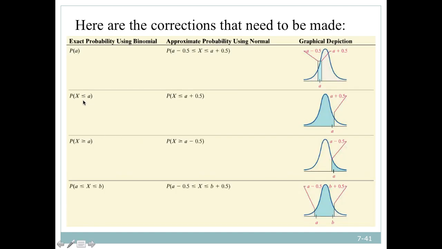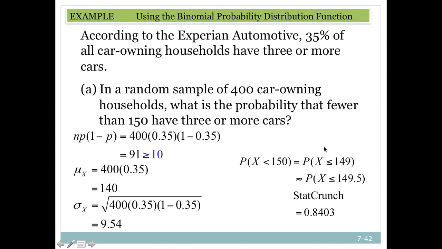And what you will notice is that all of the inequality symbols have equal to portions here. So this is less than or equal to, greater than or equal to, less than or equal to, less than or equal to. So whenever we're doing these problems, the very first thing we need to do after we've made sure that our assumptions are met and we've calculated our mean and our standard deviation is make sure that we have a less than or equal to or a greater than or equal to symbol.